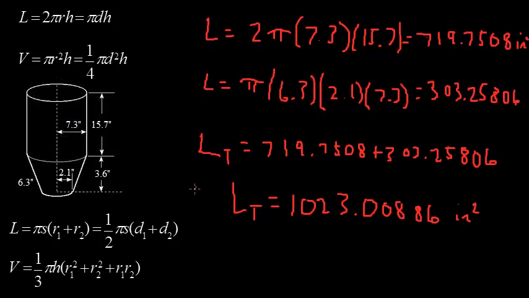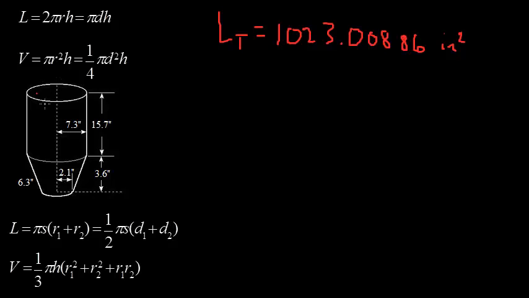In order to find the total surface area, we need to take our total lateral surface area and add to it the area of this base here, this large top base, and this small bottom base. So we'll go ahead and find those next. So the area of a circle is pi times radius squared, so the area of the cylinder's base is pi times 7.3 squared.